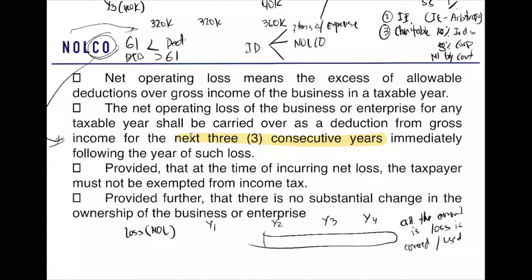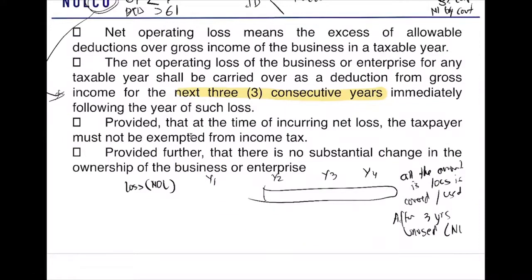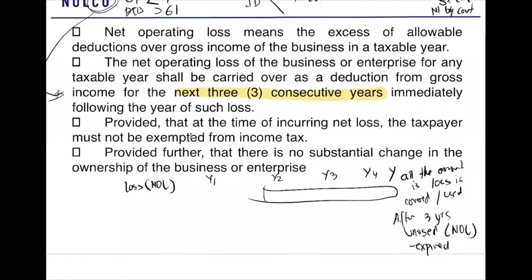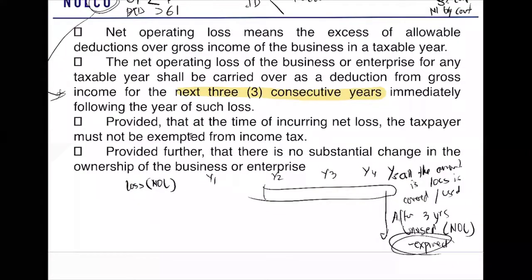But if ever after 3 years there is still unused net operating loss, it is already considered expired. So let's say may natira pa dyan sa year 5. Yung natira dyan, considered expired na.